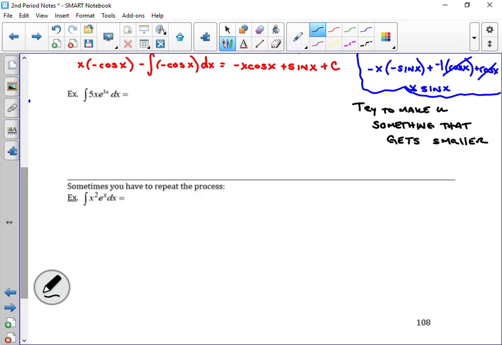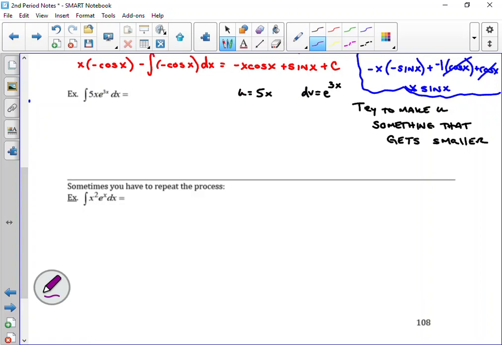So does the 5x get smaller or the e to the 3x? When you derive it, 5x gets smaller, right? 5x goes to 5 and then it goes to 0, right? So that's why we want to make u 5x. So u equals 5x. Then we're going to make dv e to the 3x.